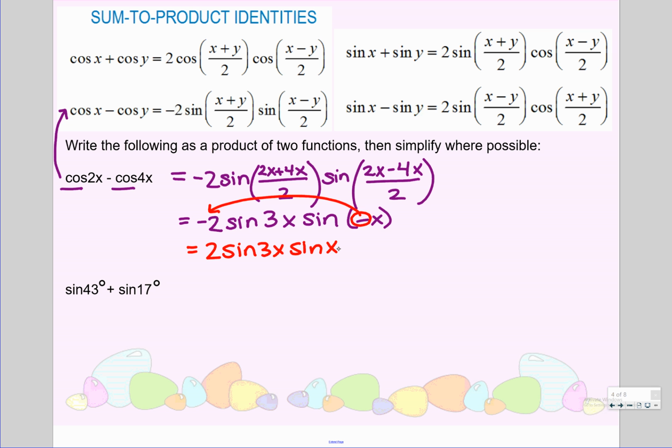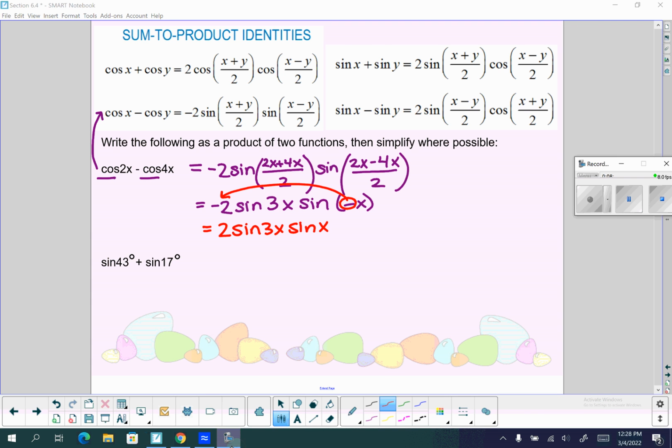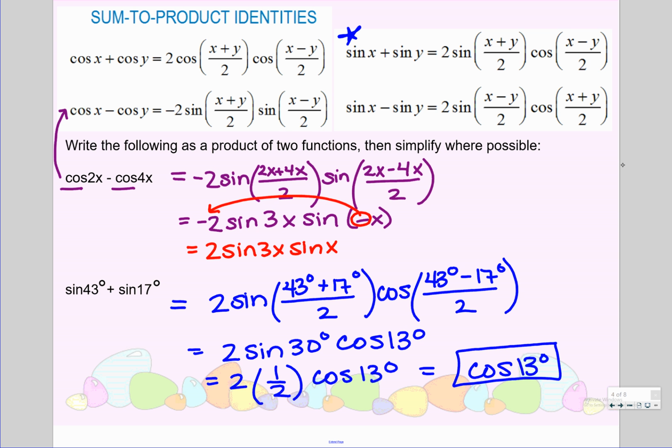All right, with your partner or somebody near you, try the bottom one. Evaluate as much as you can. Simplify as much as possible using the sum to product identities. Cosine 13.